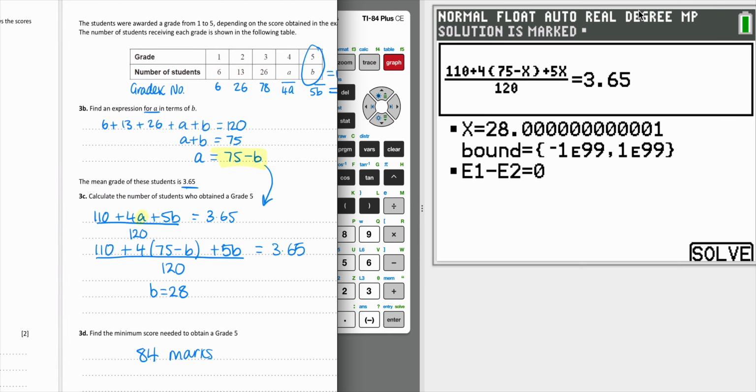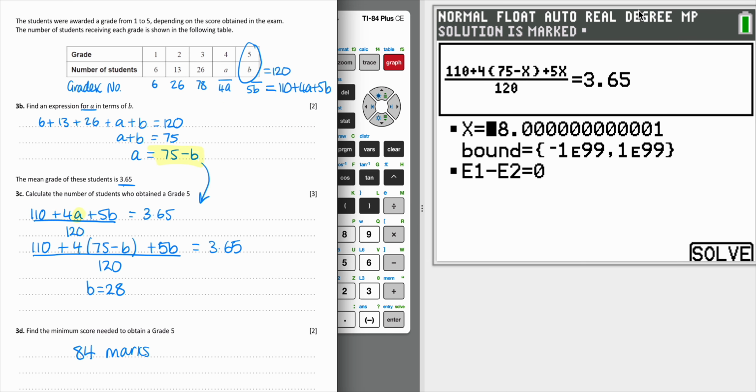So for the marks for these questions, for the second one there, it was 2 marks for finding A in terms of B. 1 is for a method of realizing that you needed to equate it to 120, so using the idea that the sum is 120. And then 1 is for placing it together as an equation where A is the subject on its own.